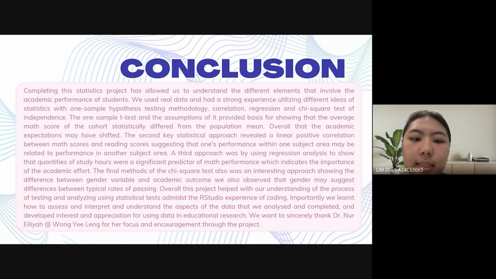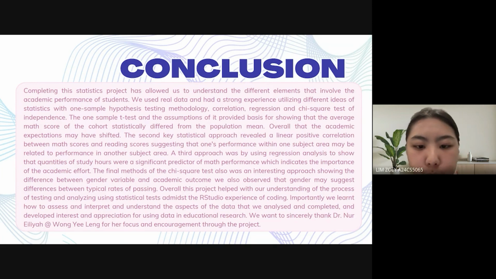The second key statistical approach revealed a linear positive correlation between math score and reading score, suggesting that one's performance within one subject area may be related to performance in another subject area.